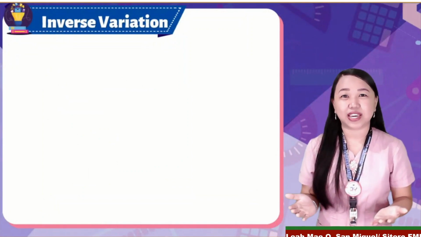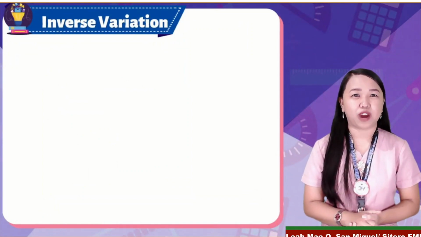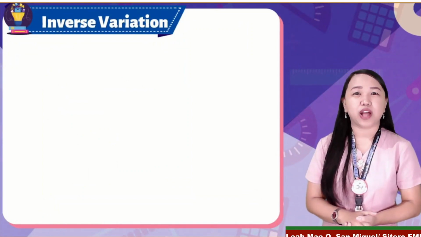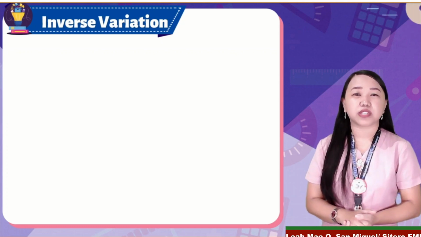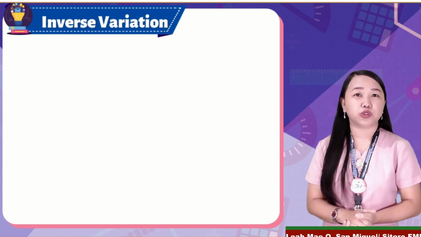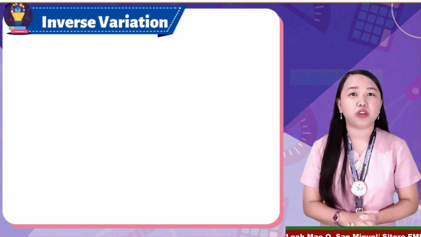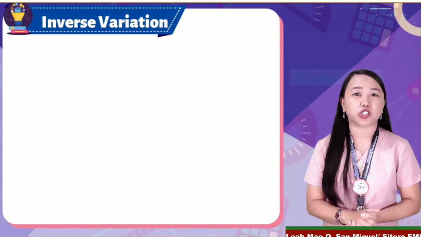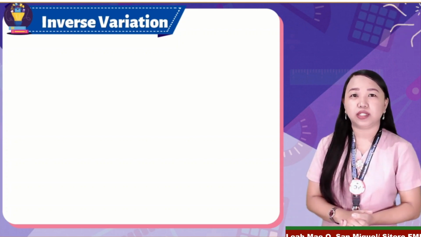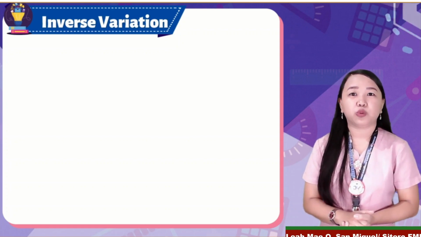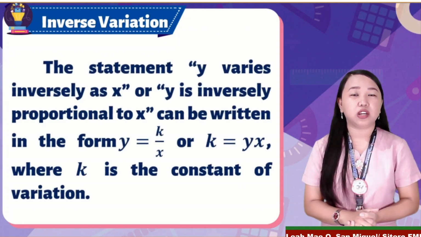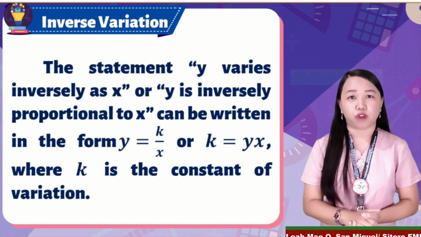Let's now proceed to inverse variation. While direct variation describes a linear relationship between two variables, inverse variation describes another kind of relationship such that for any quantities x and y, an increase in x causes a decrease in y or vice versa.